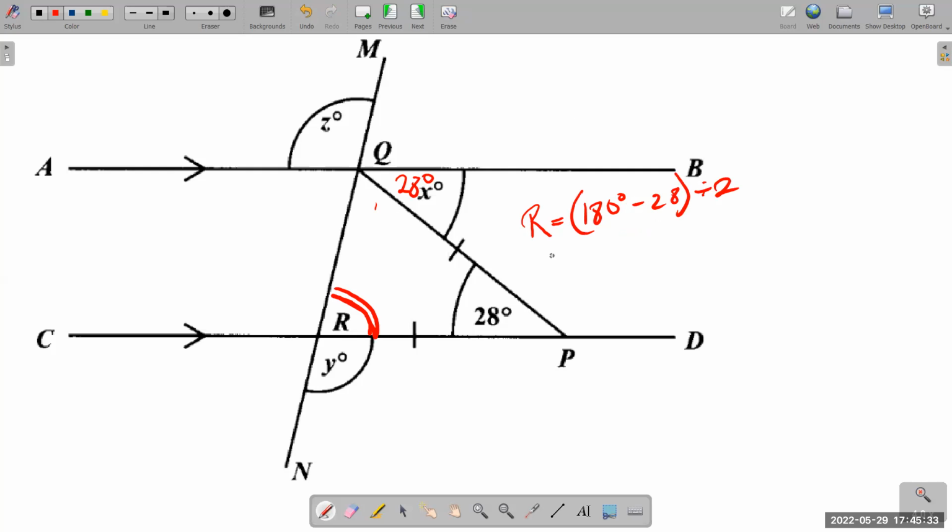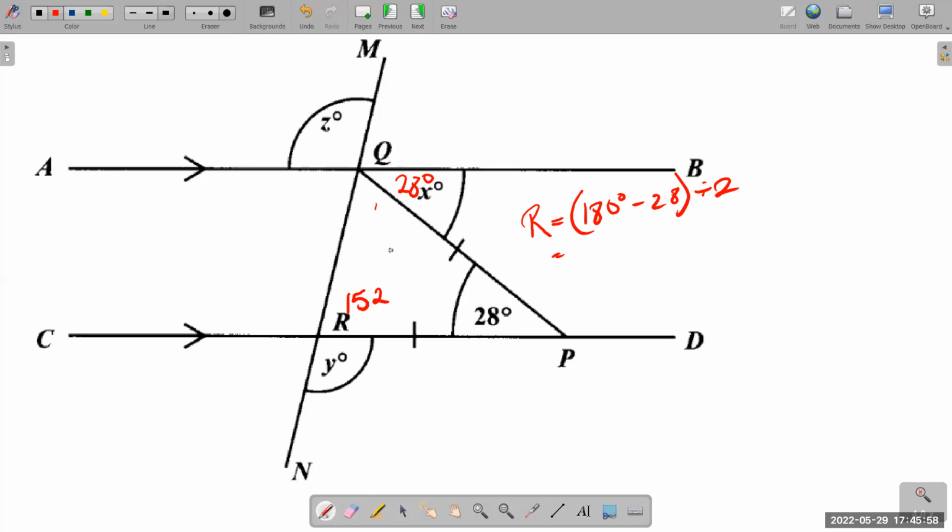Somebody with a calculator, help me out quick. What's the answer? What's that, 152? So 152 divided by 2 is what, 176?